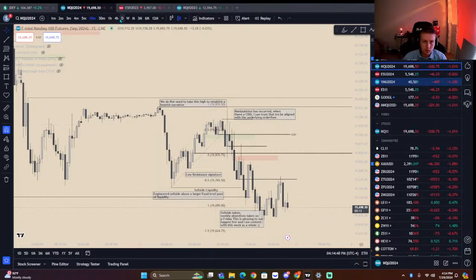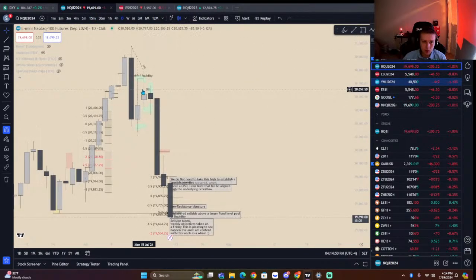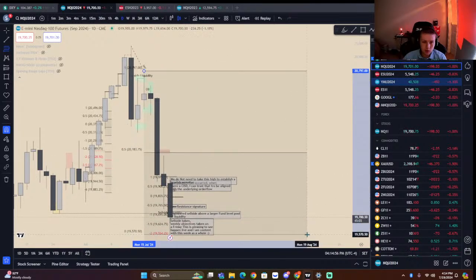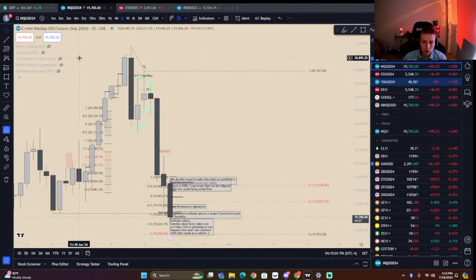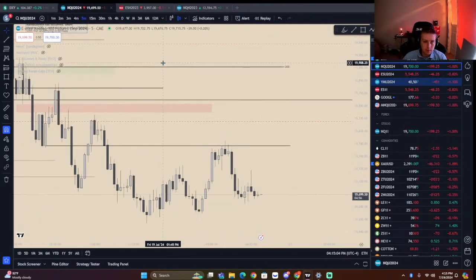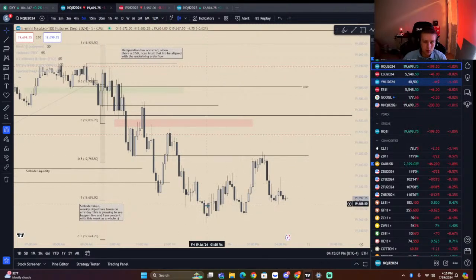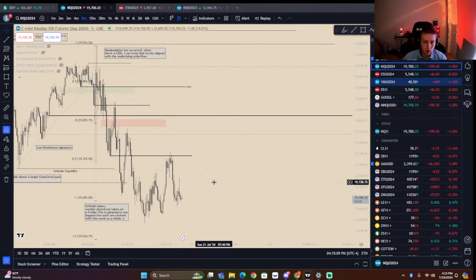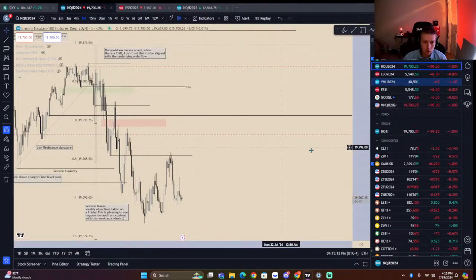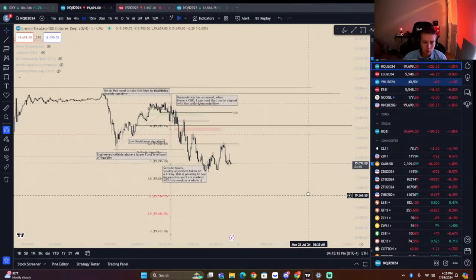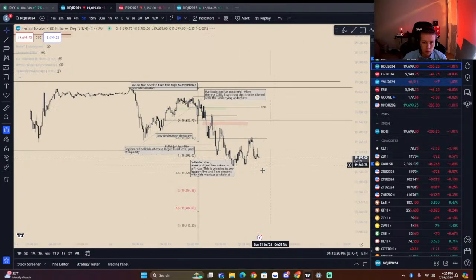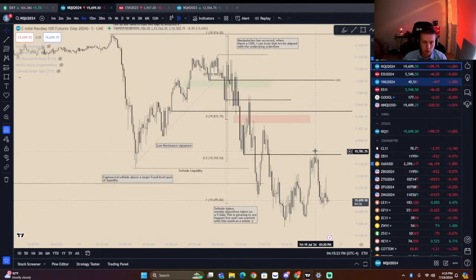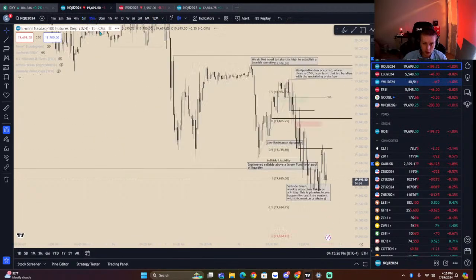If we just look at this, let's see. For Monday's high, we're just doing range low. Yeah, I personally don't like just looking for TGIF.